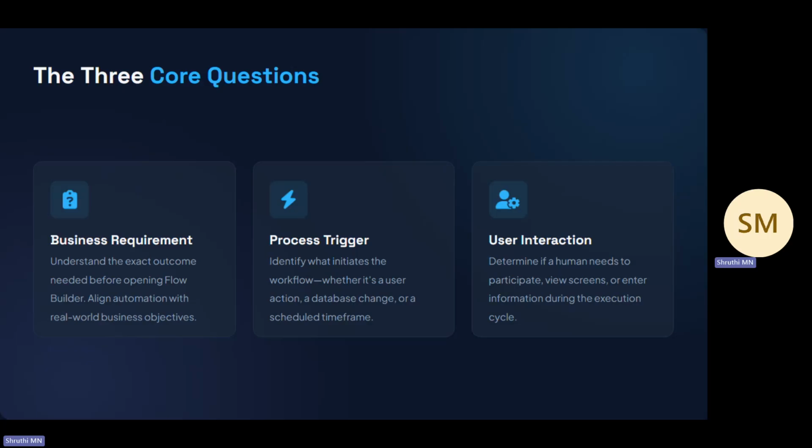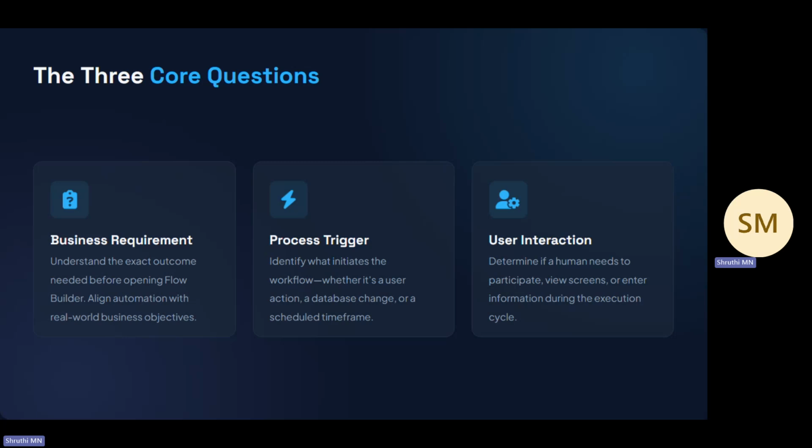And question number three: does a user need to interact with the process? Does the user need to enter information, make a selection, follow a guided process? Or should Salesforce handle everything automatically in the background? These three questions are extremely useful. For example, if a support representative needs to enter information through a guided form, we immediately think about screen flow.